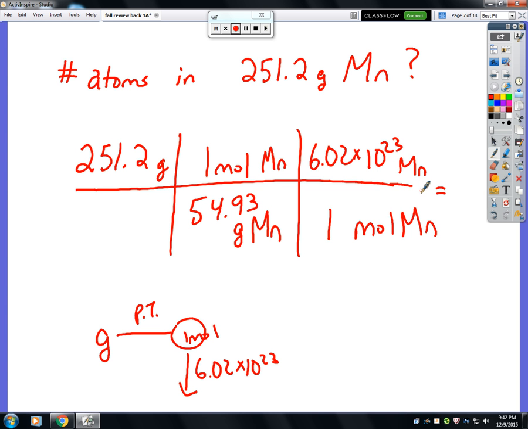And I'm going to go ahead and do my math. And if I do 251.2 divided by 54.93, and then multiply that by 6.02 times 10 to the 23rd, and again, you don't need to put this in parentheses, but if you always forget when to do it, just go ahead and do it. And I'm going to get 2.75.